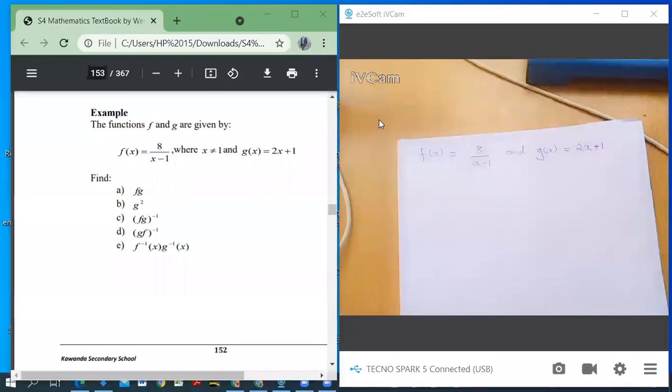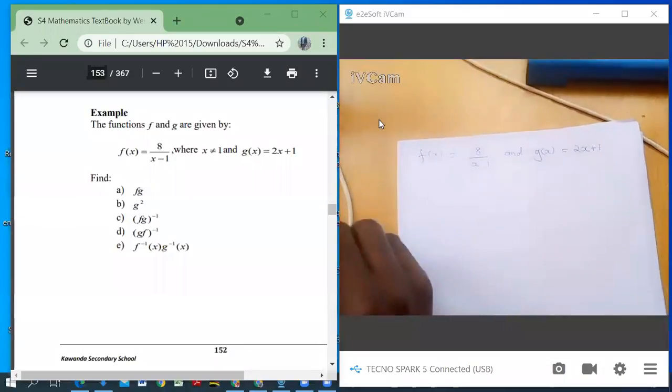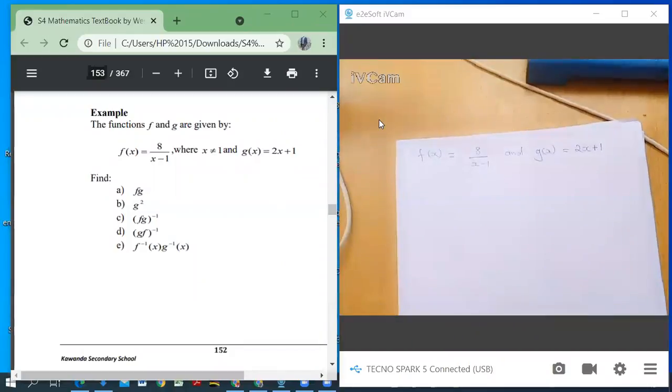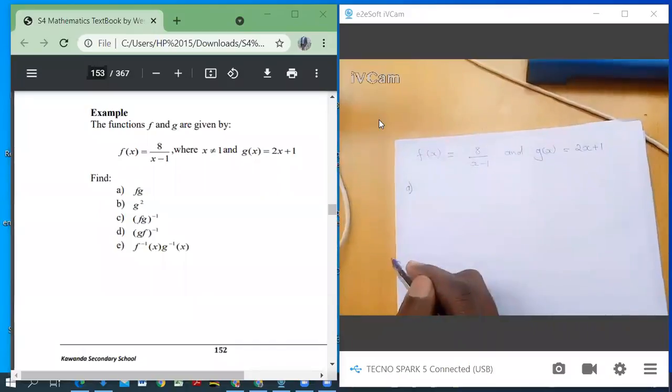If it is 1, we shall get 0 in the denominator, and it will be undefined. Excellent. Are we together? Good. Let's go to part A.